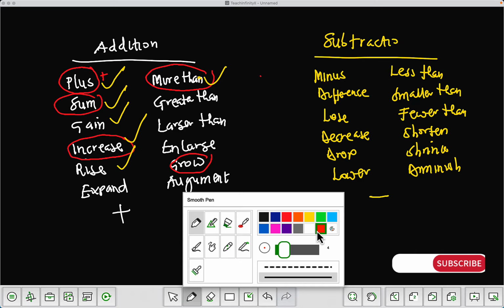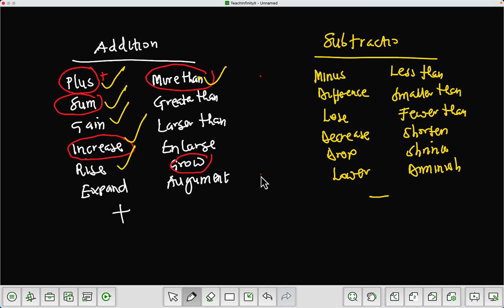Now let's look at which ones actually denote subtraction. If plus denotes addition, then a minus would denote subtraction. Anytime you are learning, you try as much as possible to draw relations so that you can easily understand the concept.